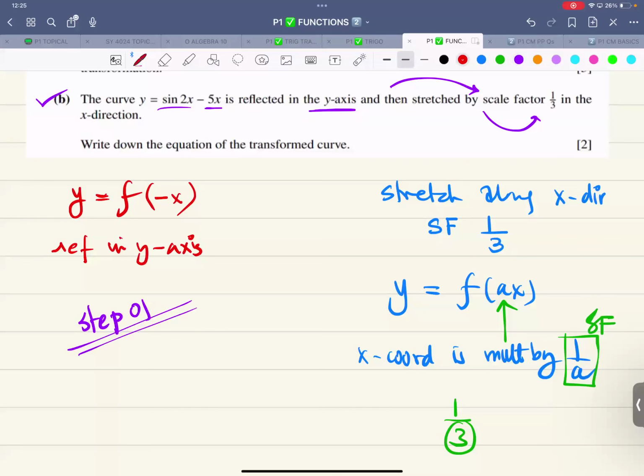In red color. The first thing is that y is equal to the negative of the whole thing, sine of x, not the whole thing. That is not this reflection. That is reflection in the x-axis. This reflection is in the y-axis. Sine of negative 2x minus 5 times negative. Wherever there is x, I replace it with negative x.